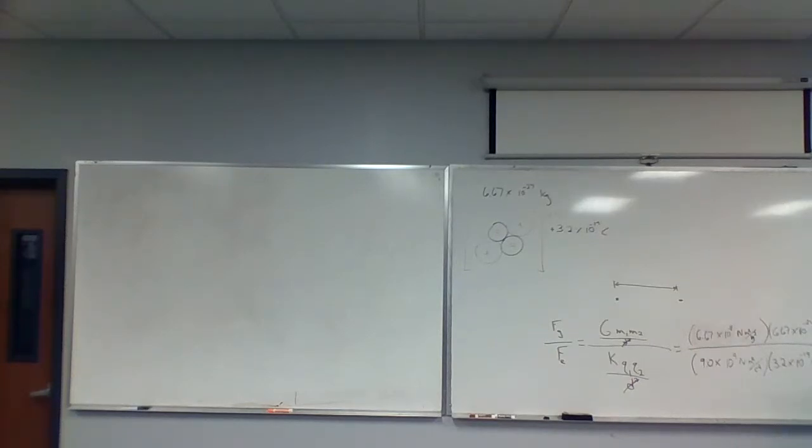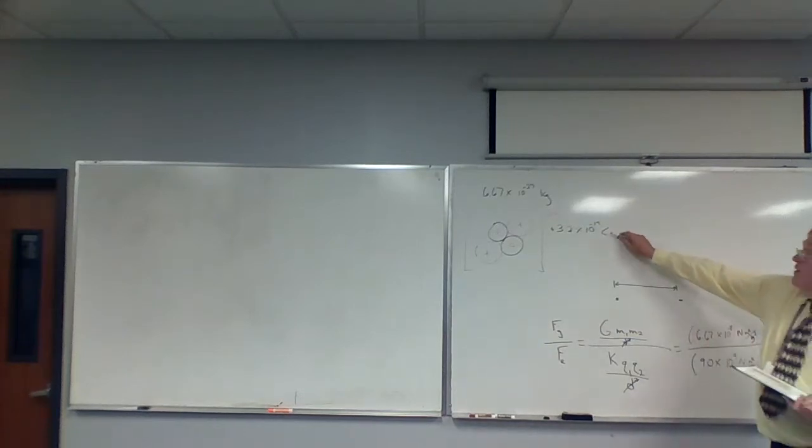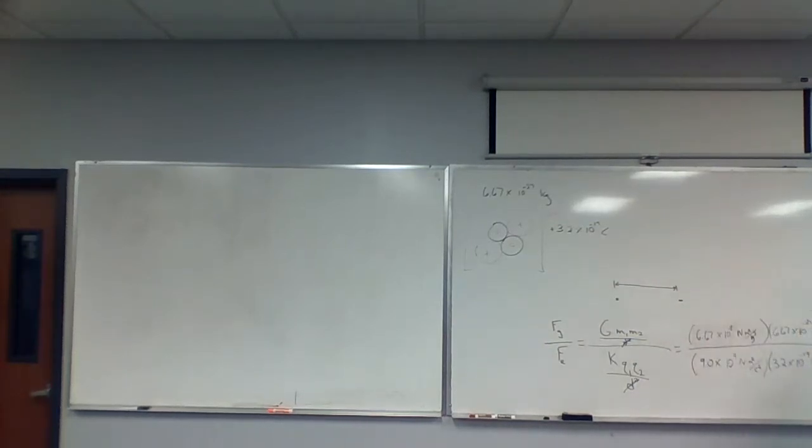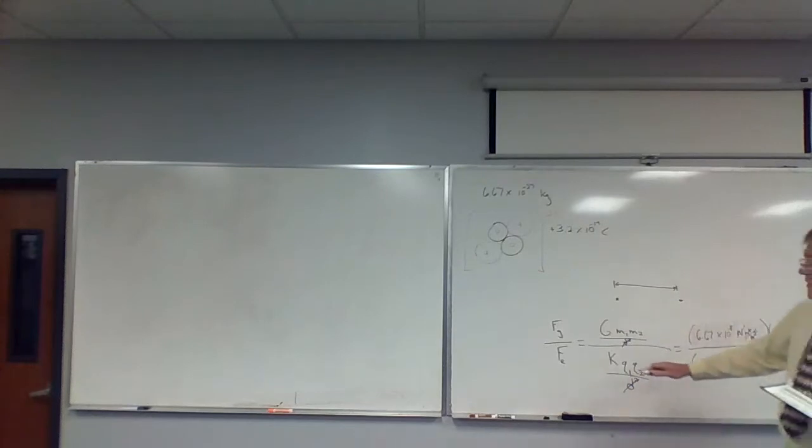Q1 and Q2 are the same, two alpha particles with this charge. So you can see that meters squared and newtons go away, and coulomb squared goes away with coulombs, and kilogram squared goes away with kilograms, and we have a unitless ratio, which makes perfect sense.